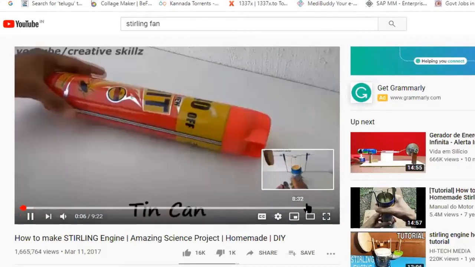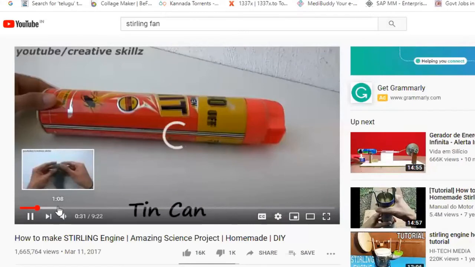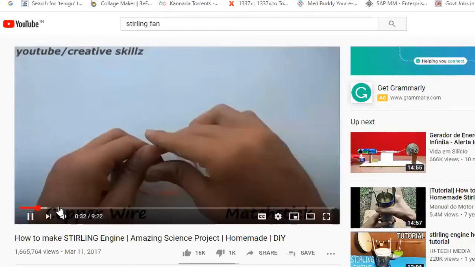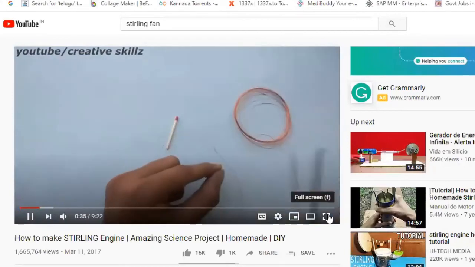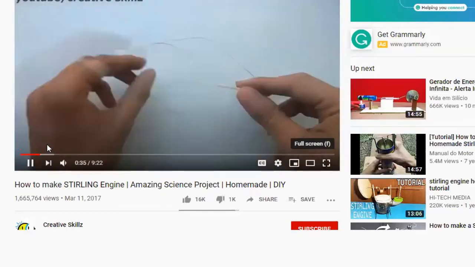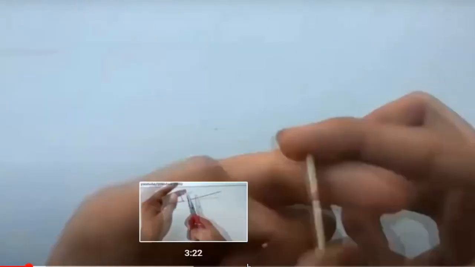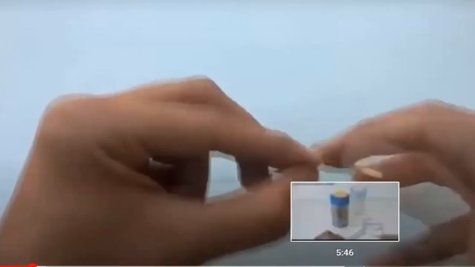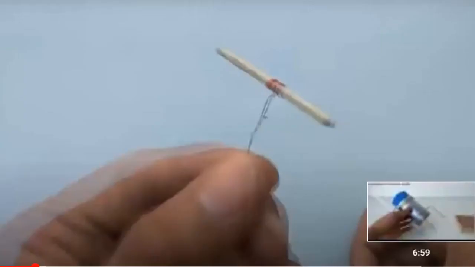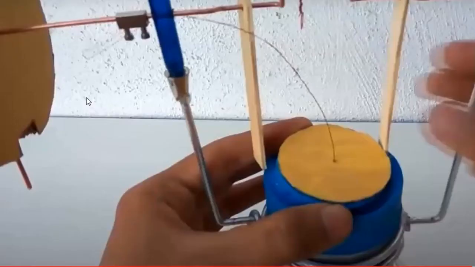Stirling engines are simple, and all homemade parts can be used to build one. So using different scrap parts, we can build homemade Stirling engines in our home itself.